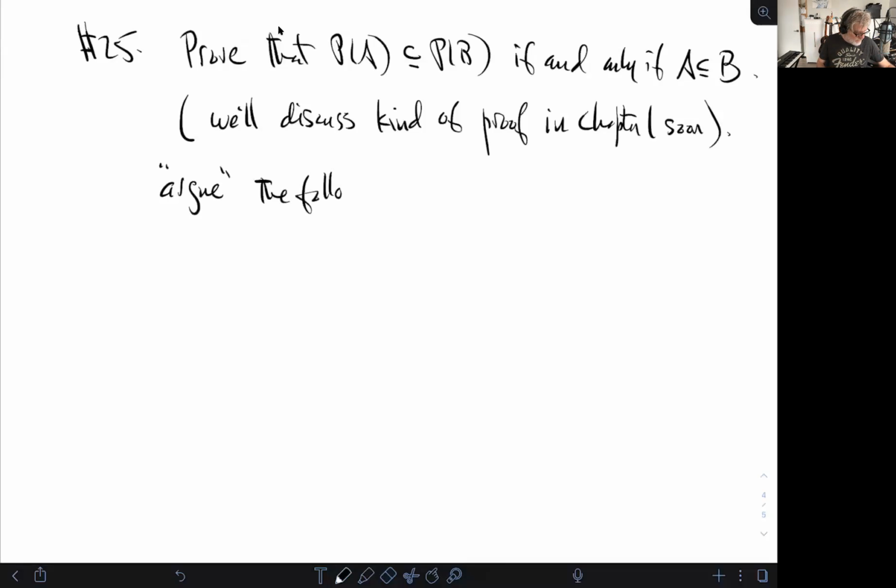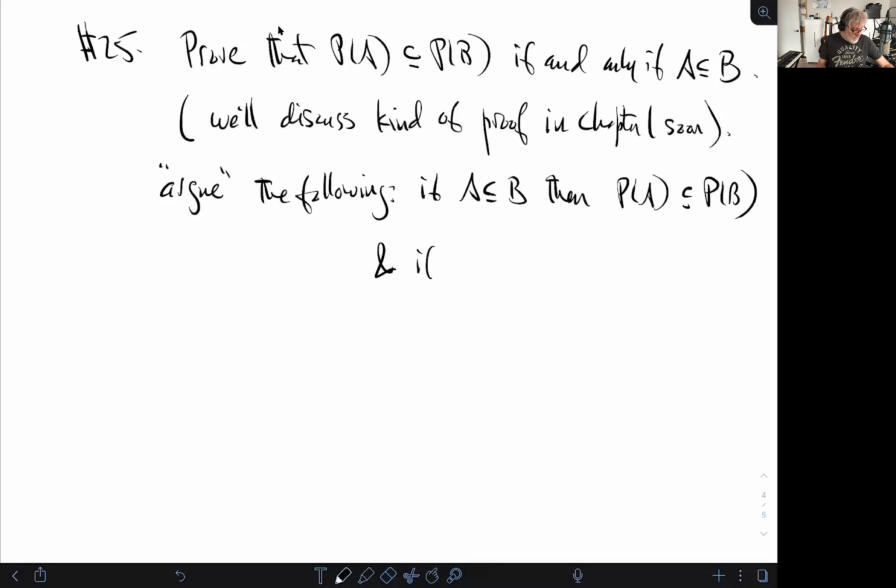This is the exercise: if A is a subset of B, then the power set of A is a subset of the power set of B. And also, if the power set of A is a subset of the power set of B, then A is a subset of B. That's what the if and only if means, basically: you have to prove both directions.